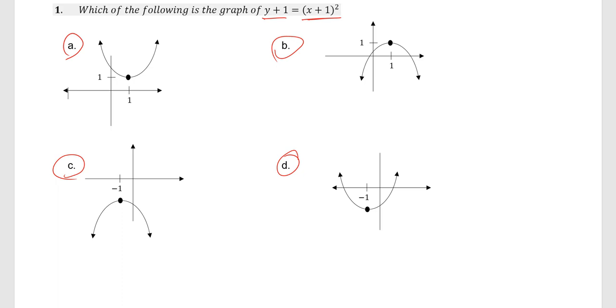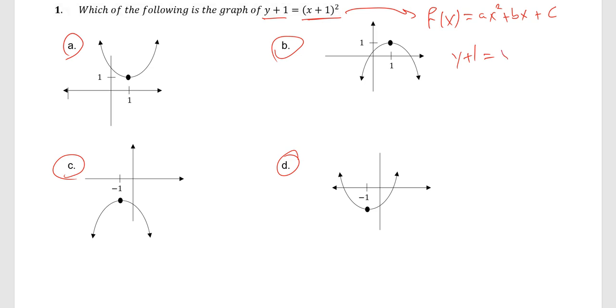Now this is an odd looking form. We learned the quadratic equation in the form ax squared plus bx plus c, or f of x, you could say y instead of f of x. But here we have this form. This should not be difficult to convert. So we have y plus 1 equals, and how do you expand x plus 1 all squared?